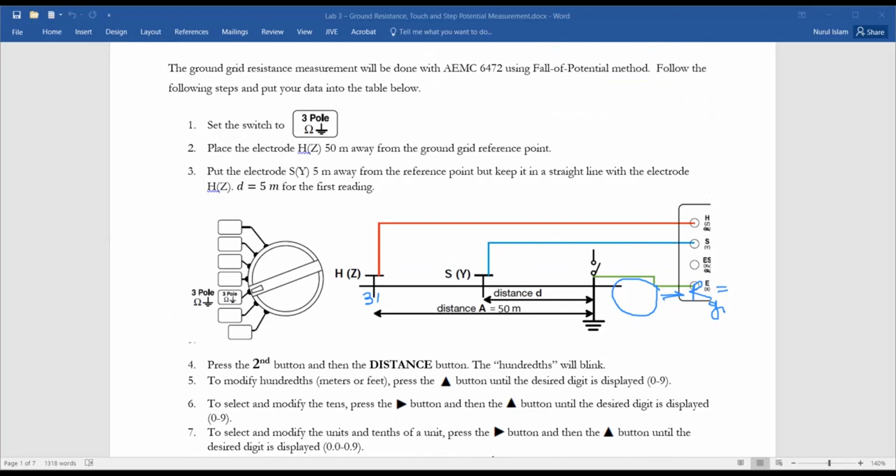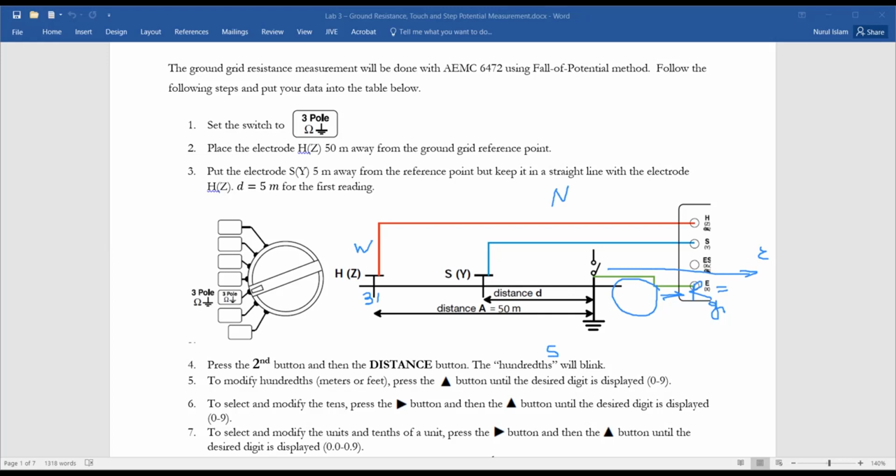Now my question is, if instead we move in the opposite direction with my Y lead, or into the page or out of the page. Let's say this is east, this is west, this is north, and this is south.